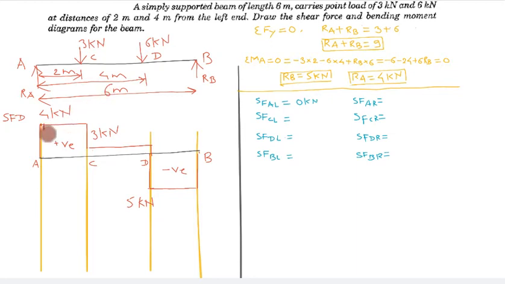If you locate a point just to the right of A in the shear force diagram, the shear force available at that point is equal to 4 kilonewton. Then at point C, if you consider just left of C, the shear force is 4 kilonewton. Just to the right it is equal to 3 kilonewton. So 4 kilonewton, 3 kilonewton.